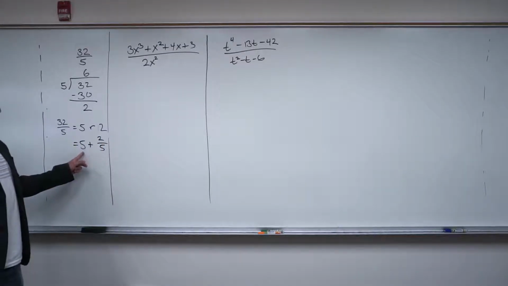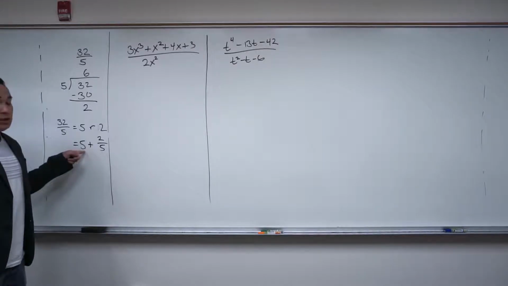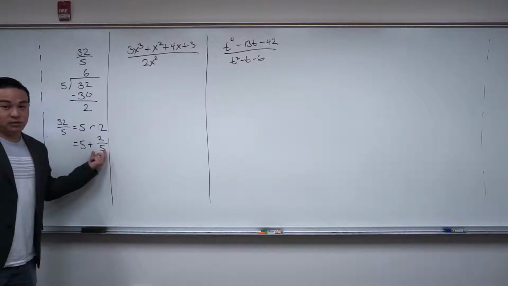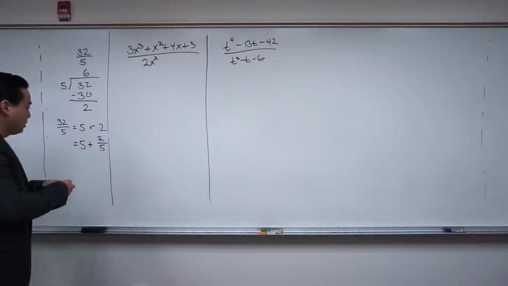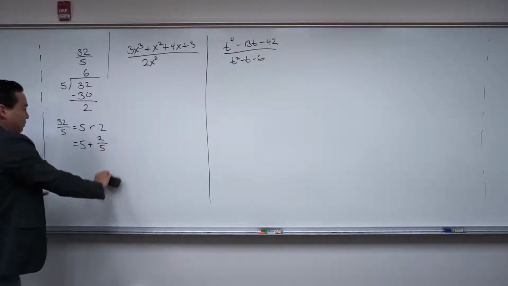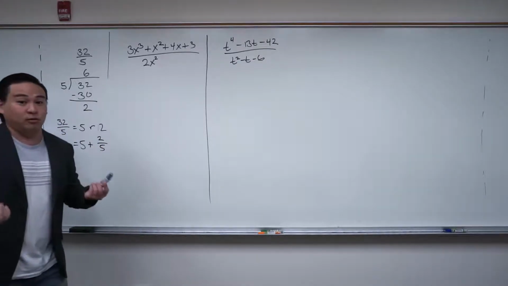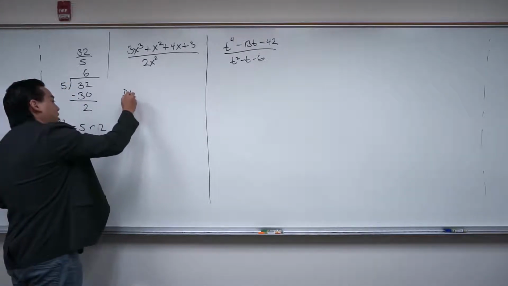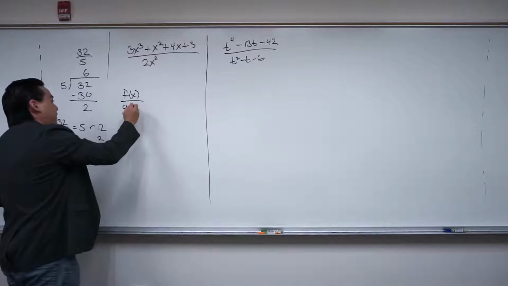Okay? So this right here is something called the quotient. This part up here is the remainder, and that's the divisor, right, or g of x in this case. So what I'm going to do now is I'm going to show you that this can be translated into our rational expressions version. So in our rational expression version, we have f over g.